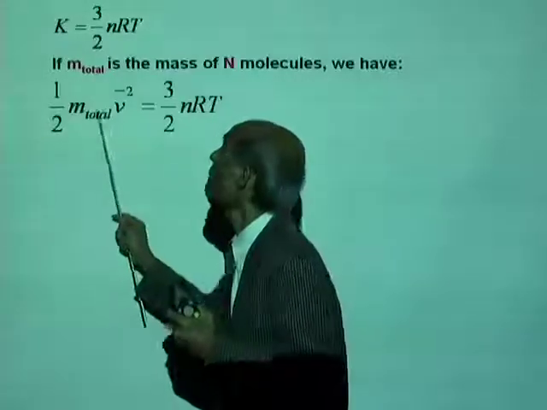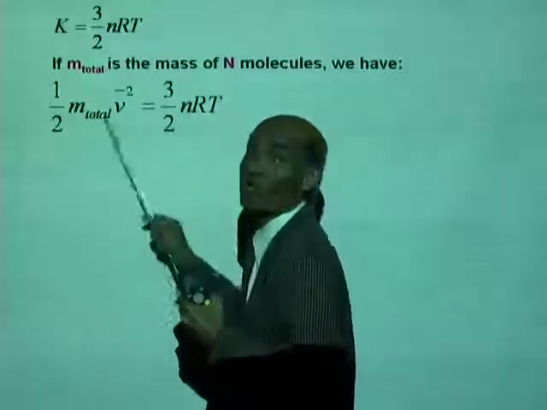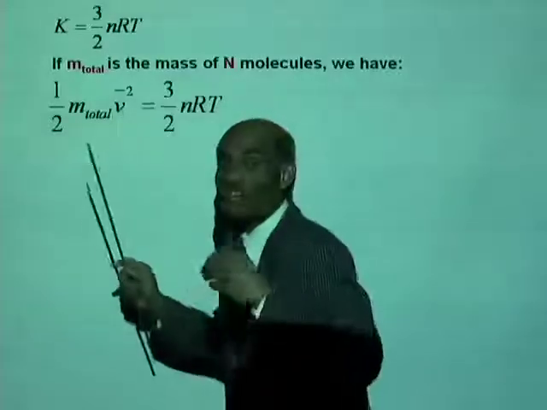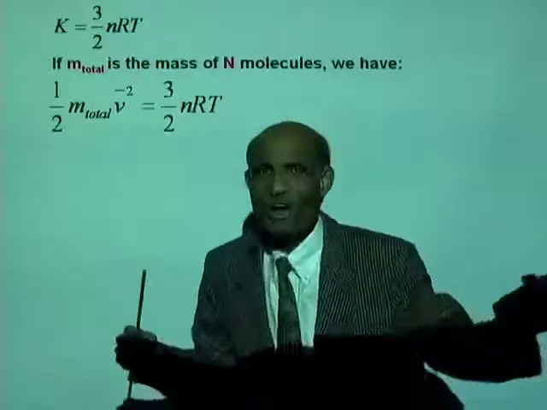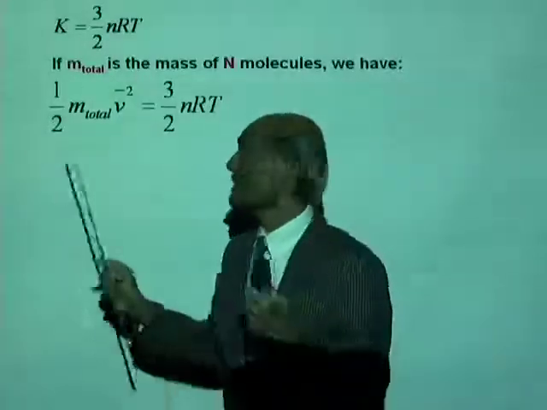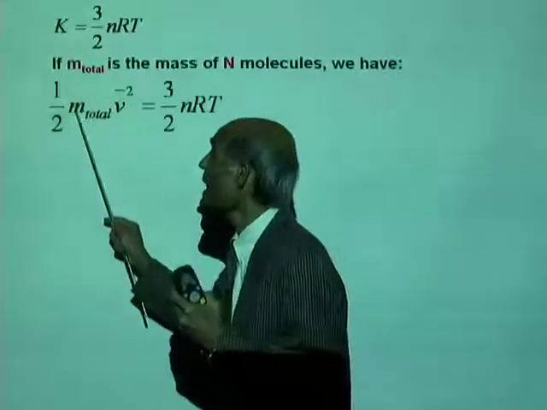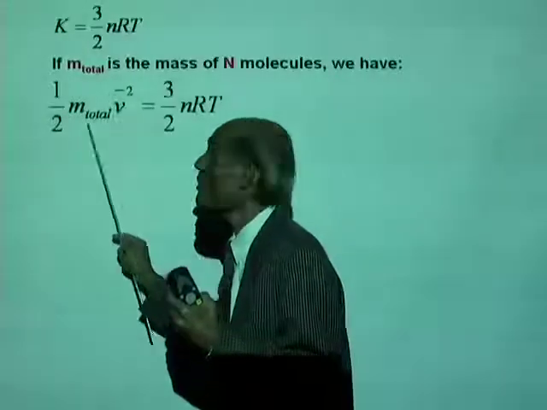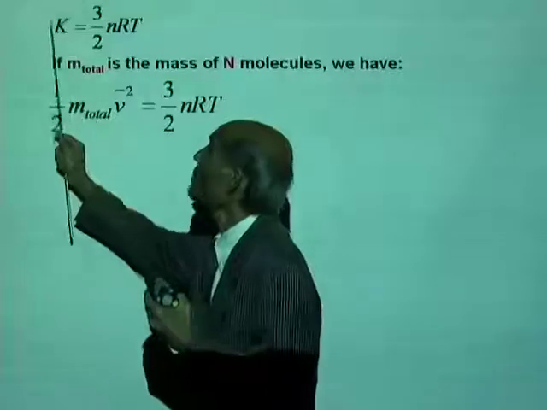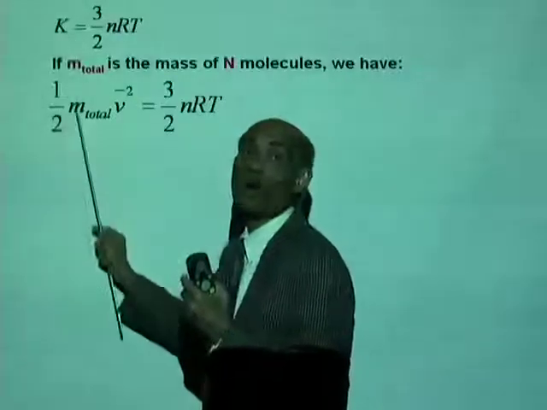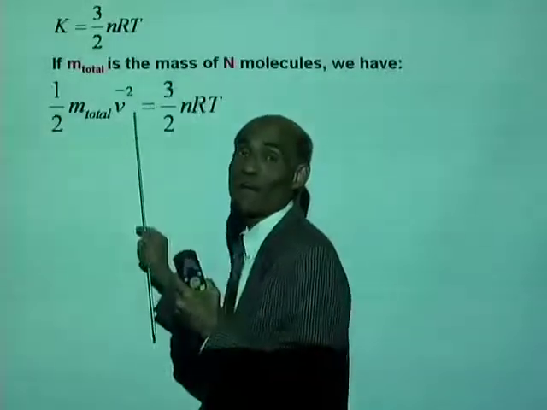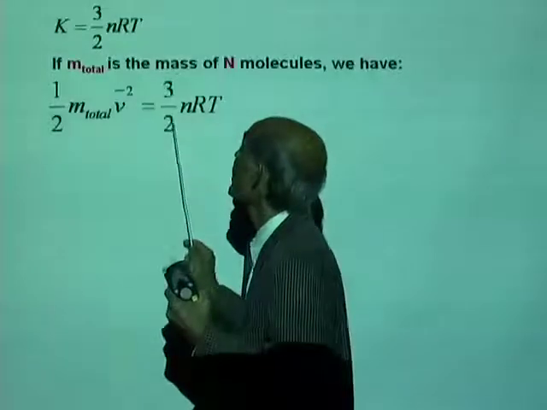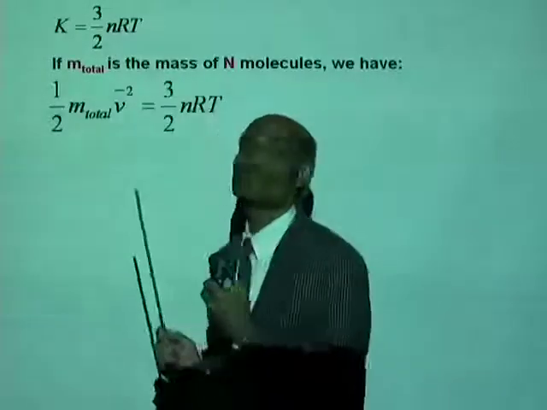M is the total mass of these N molecules. V bar is the average velocity of each of those molecules. Therefore, 1/2 M total v bar squared is a measure of the total kinetic energy of all those molecules. And that should be equal to 3/2 nRT.